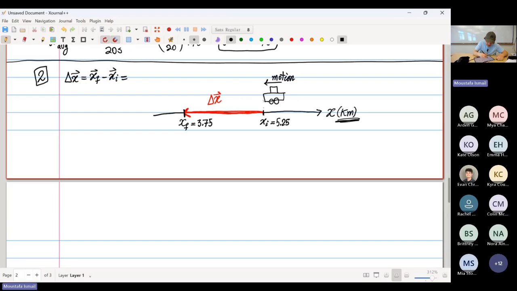In this case, final position is 3.75 kilometers. Initial position is 5.25 kilometers. So that means delta x is equal to negative 1.5 kilometers.